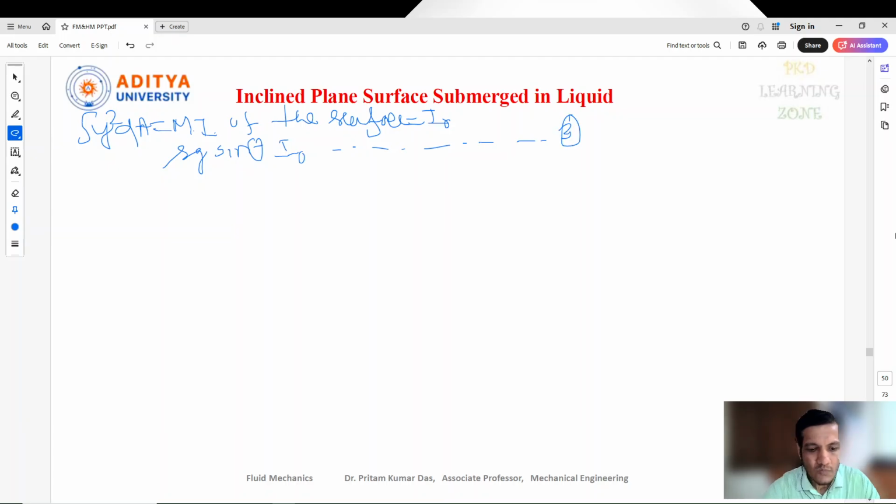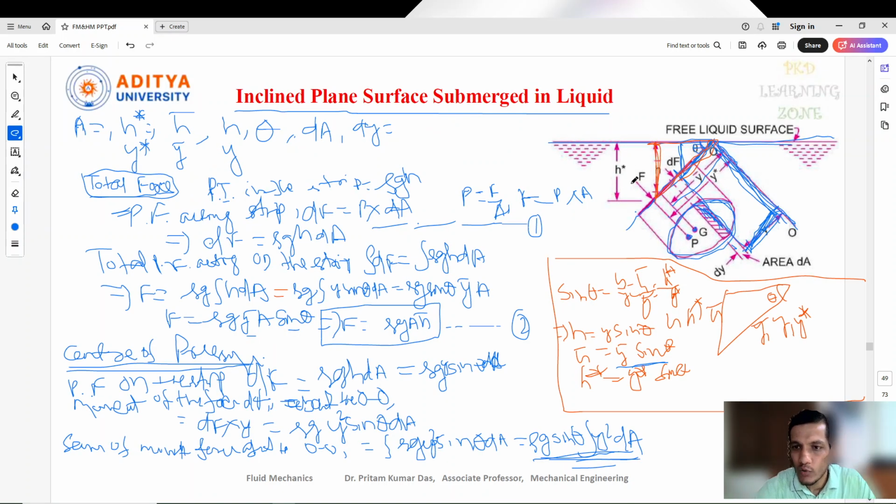Now again we can write the moment of total force. Let's go to the diagram again. The force is acting here at C, the center of pressure, and the center of pressure is situated at a distance of y star here.